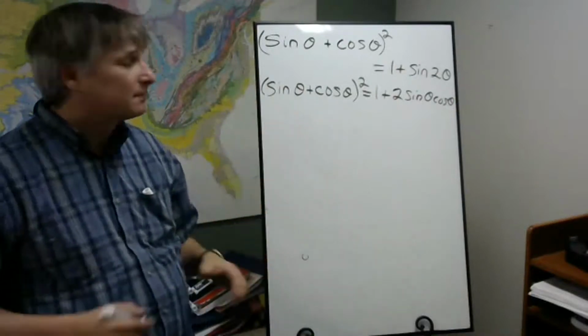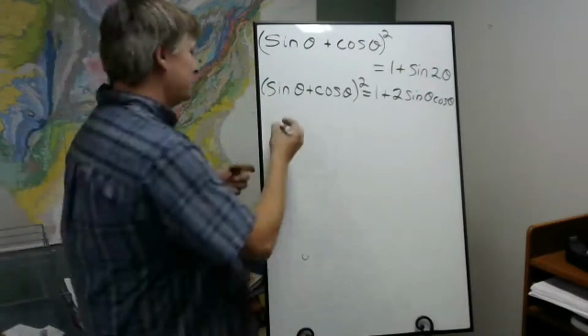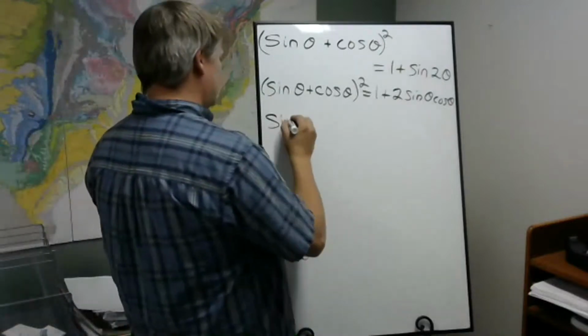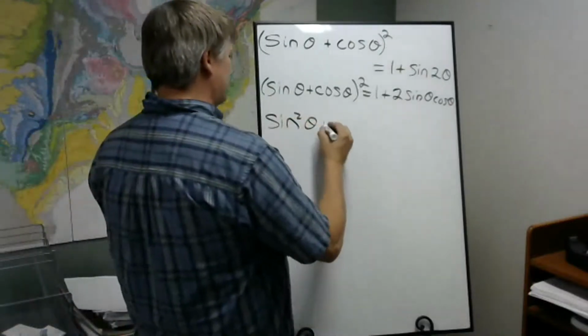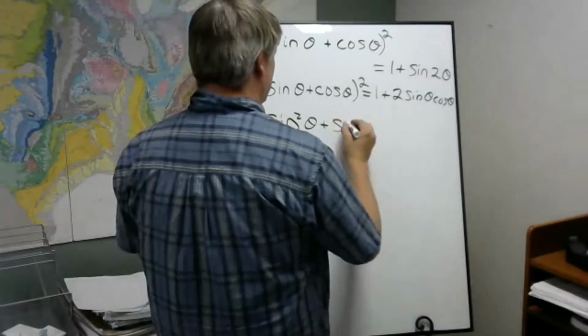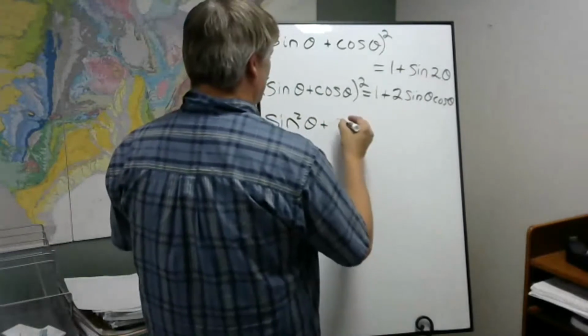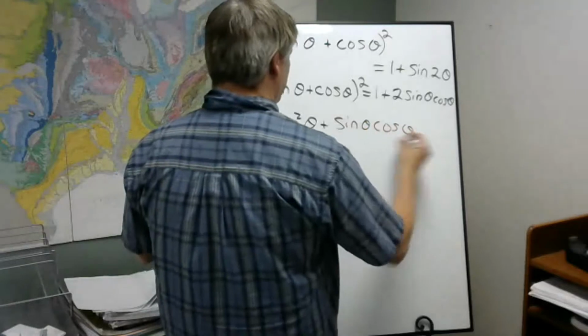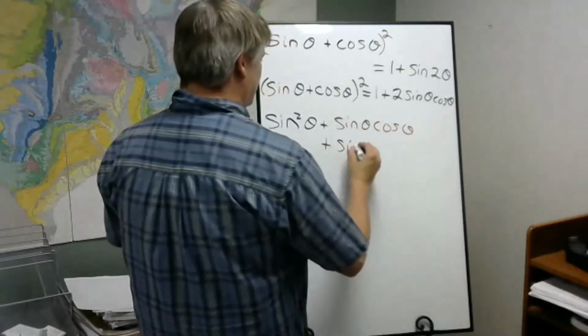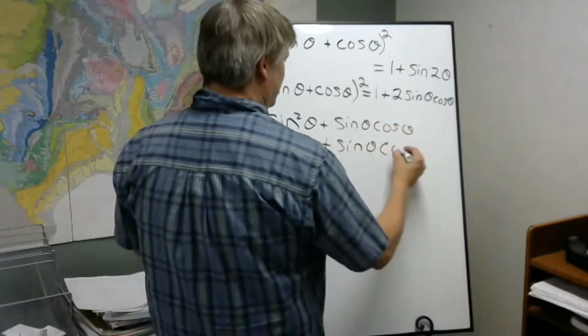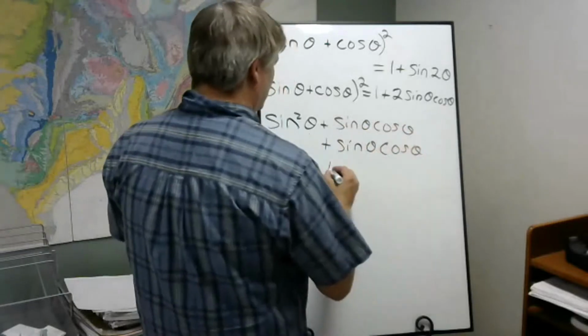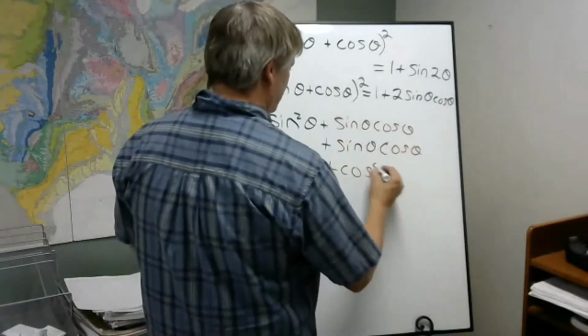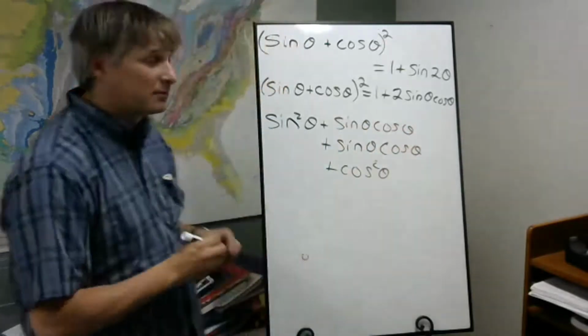Let's FOIL this out. Now, if we FOIL it out, sine squared theta plus sine theta cosine theta plus sine theta cosine theta plus cosine squared theta.